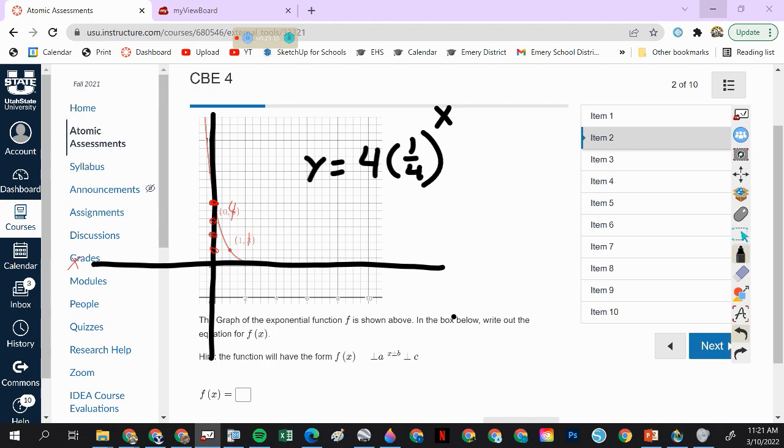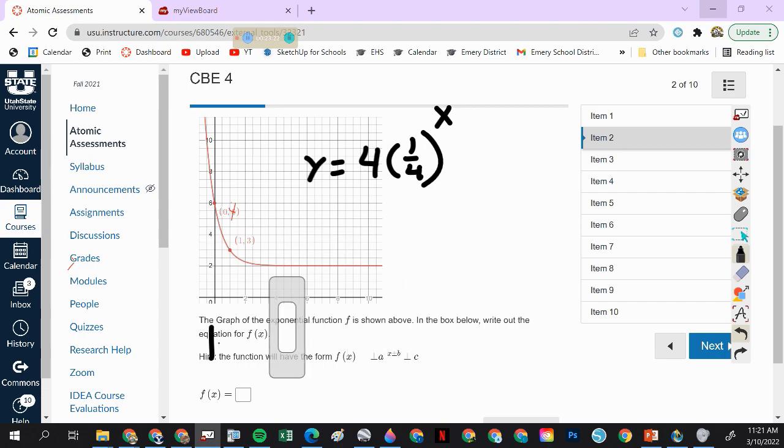Okay. So how do we shift it so that now it looks like that? You're going to add 2 to lift the graph up. Okay, but that's not the form it wants it in.